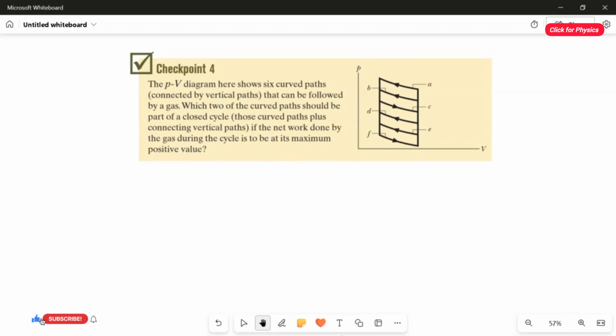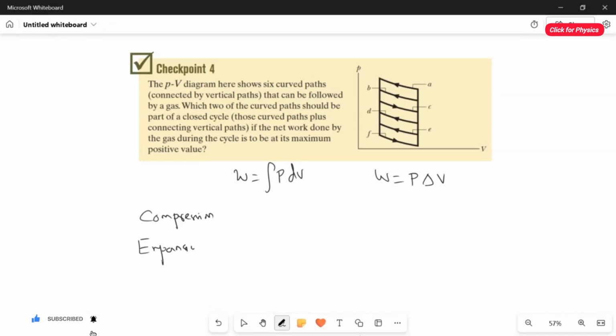Clear? So for this we use the formula work done, W equal to P dV, where dV is the change in volume, or we can say W equals P delta V. And we studied this concept in chapter number 18. Clear? The most important thing is that sometimes compression and expansion of the gas takes place.